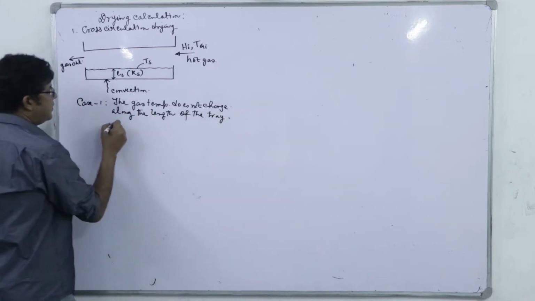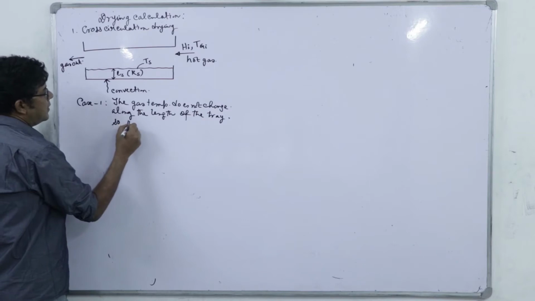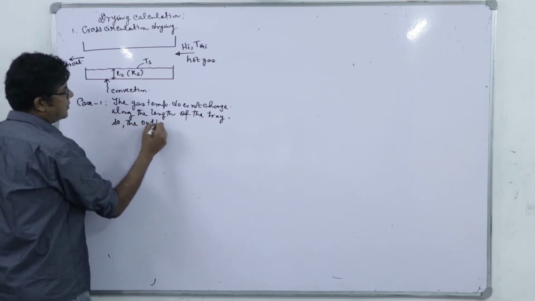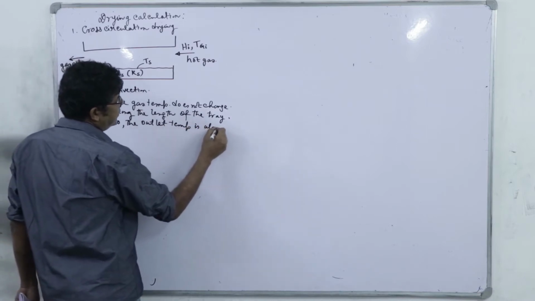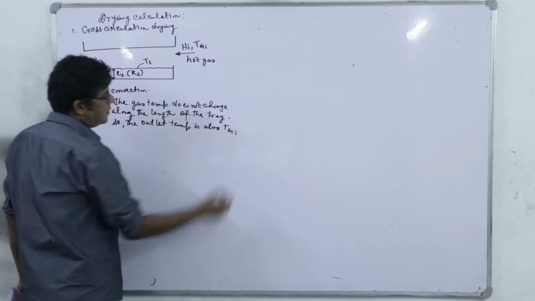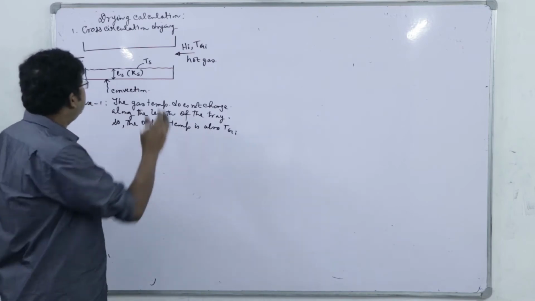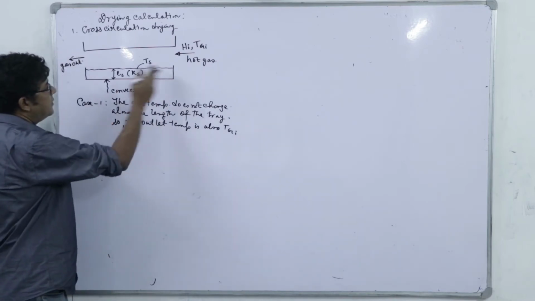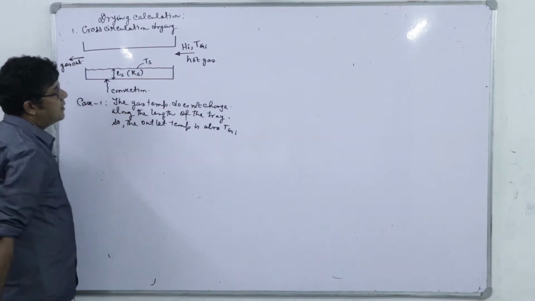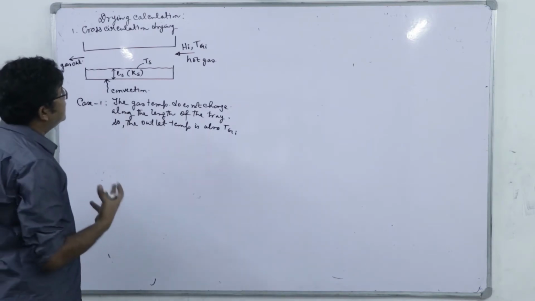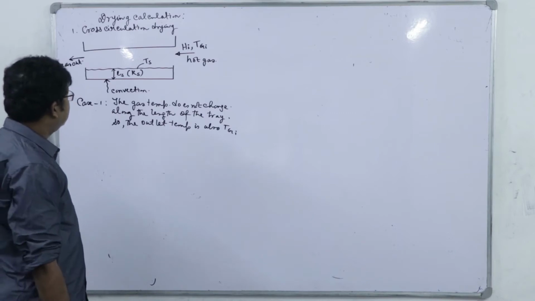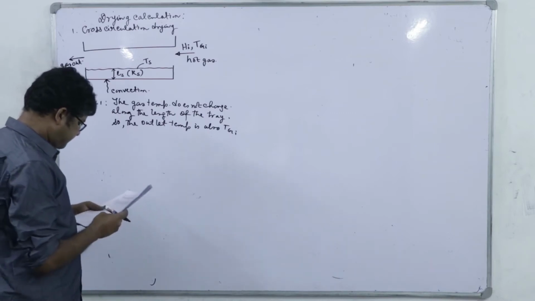Right. So, the outlet temperature is also Tgi, and this happens if the length of the tray on this side is small compared to the velocity of the gas, which is high, right.